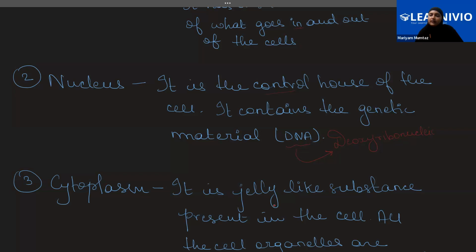Deoxyribonucleic acid. That is the full form of DNA. And this deoxyribonucleic acid is present in the nucleus. It is our genetic material, right? It is the material that is passed on from one generation to another generation, right? That is DNA. Clear? So this DNA is present in the nucleus.